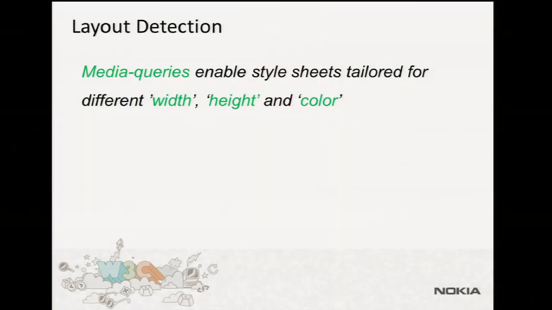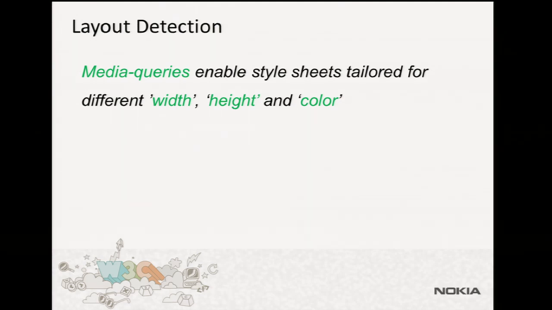So the first thing is media query. So what are media queries? Media queries are special tags which allow you to include custom style sheets for a particular width, height, color.